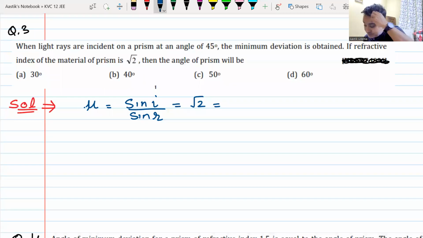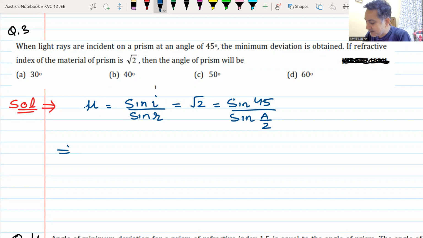Yes, mu is equal to sin I by sin R. That is given as √2. Angle of incidence is 45. So this is sine of 45 divided by sine of R. For minimum deviation, R is A by 2. Yes or no? Sine of A by 2.